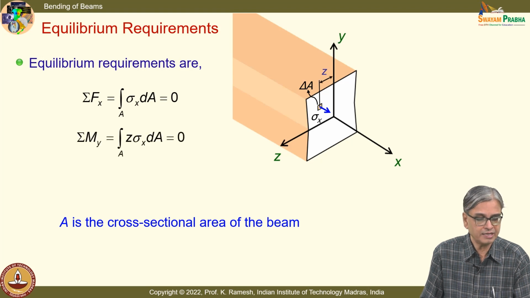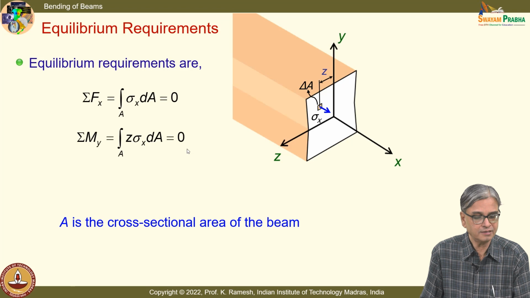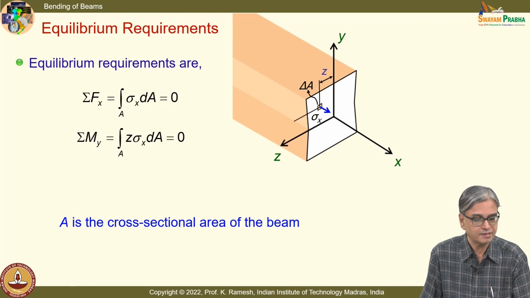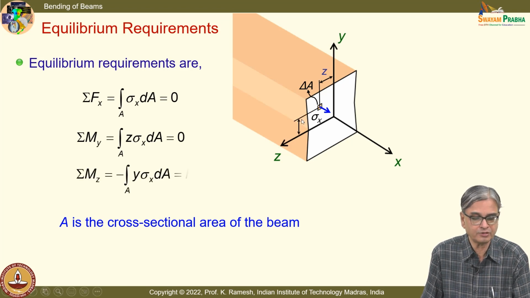And the second condition is, I take moment about the y axis, the distance is z, so integral of z sigma x dA should go to 0. And the third condition is I find the moment about the z axis.